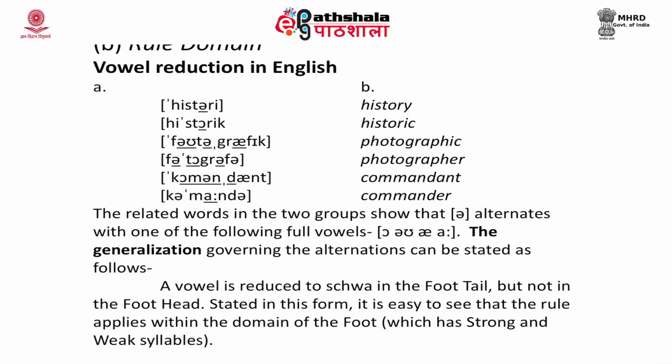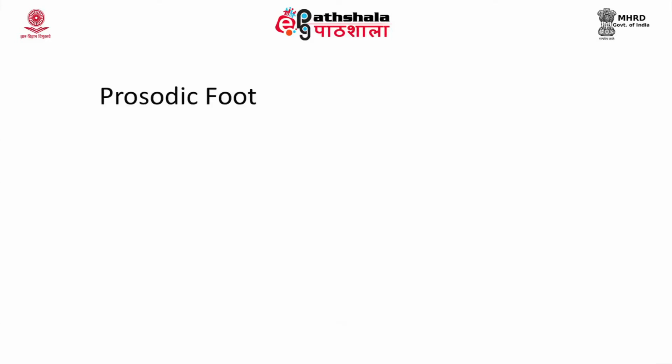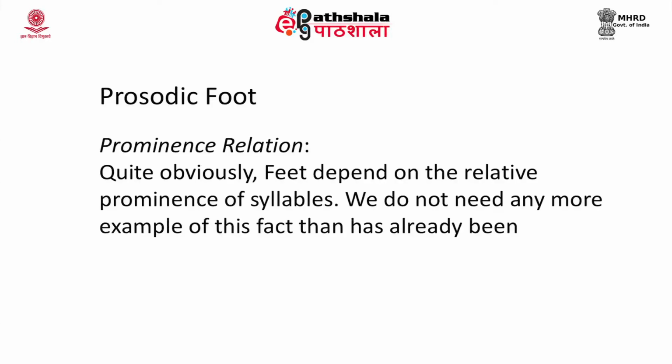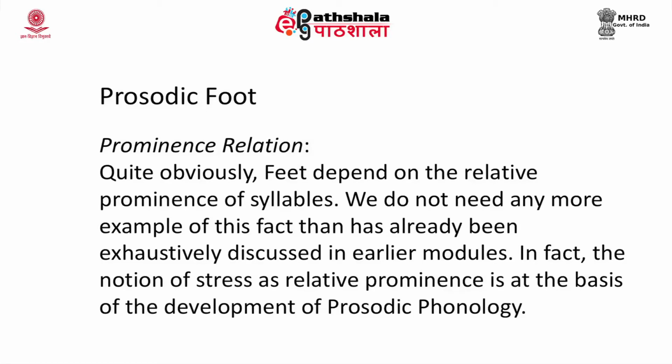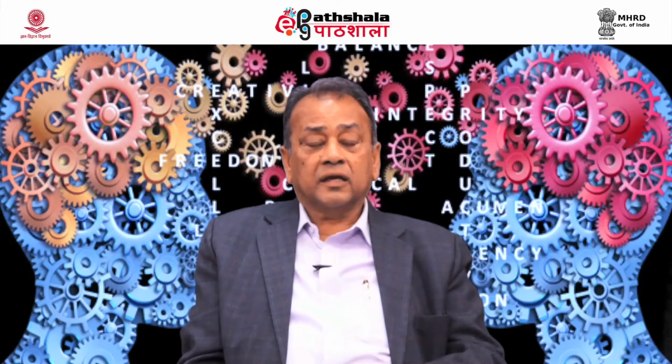The explanation given for this alternation is that the schwa always occurs in a syllable that is unstressed. We also consider unstressed syllables to be the tail of the foot and the stressed syllable to be the head of the foot. So the rule is that when a vowel occurs in the tail of the foot, that is, as the weak syllable, then it is reduced to schwa.